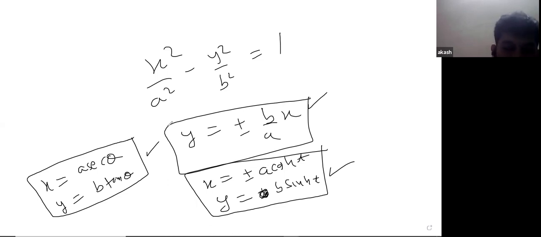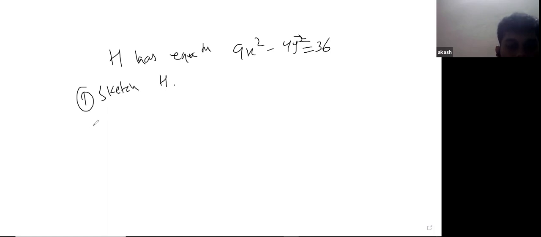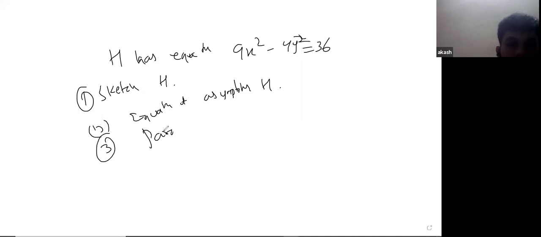So let's do a question. The hyperbola H has equation 9x square minus 4y square equals 36. Sketch H, find the equations of the asymptotes, and give parametric equations.